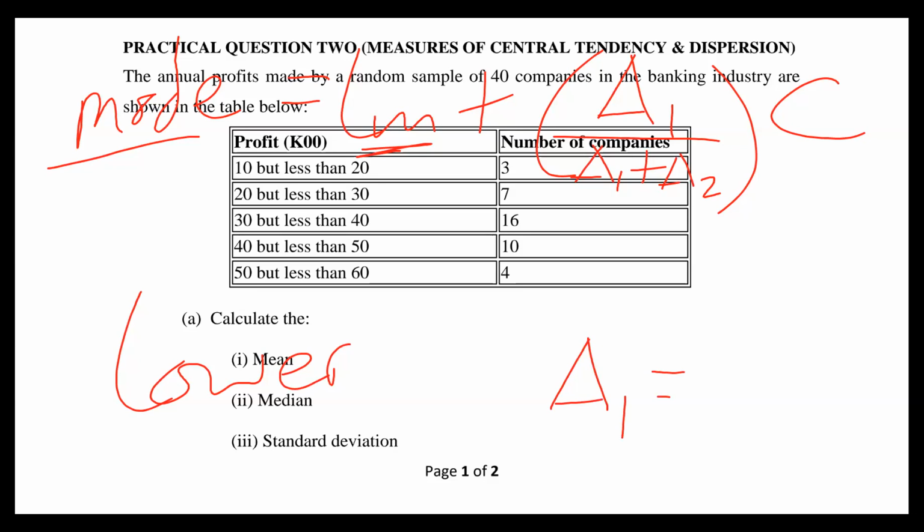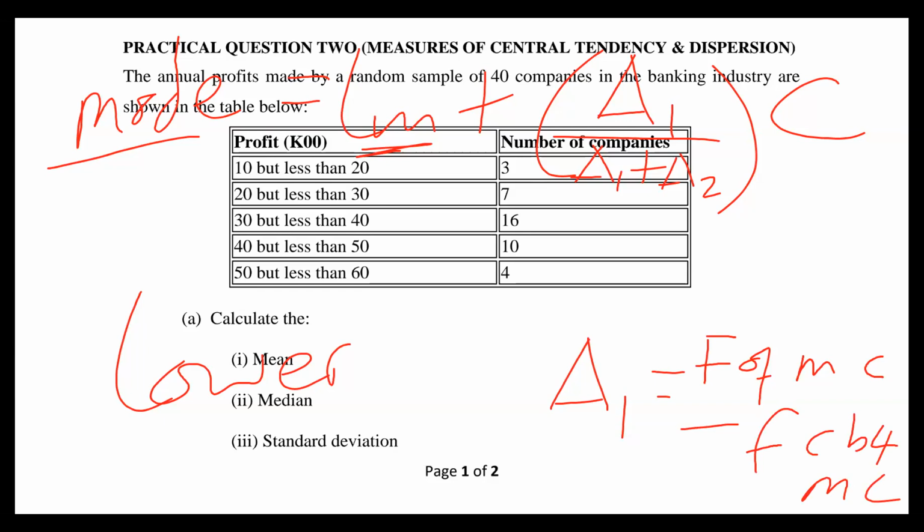Then delta 1 is actually the change. It is the difference between the frequency of the modal class minus the frequency of the class before the modal class.